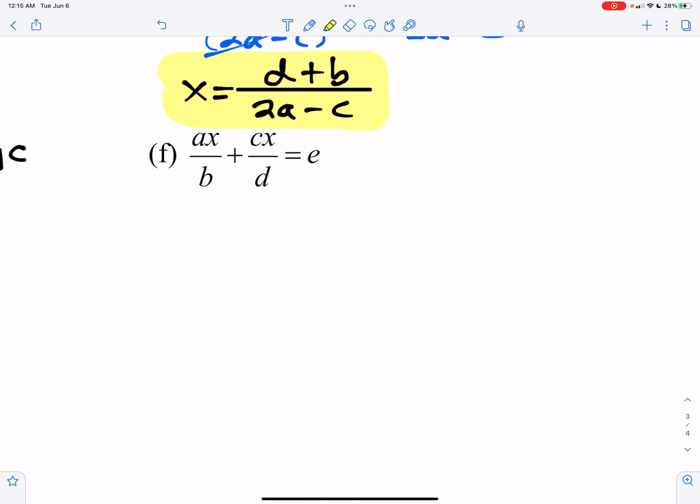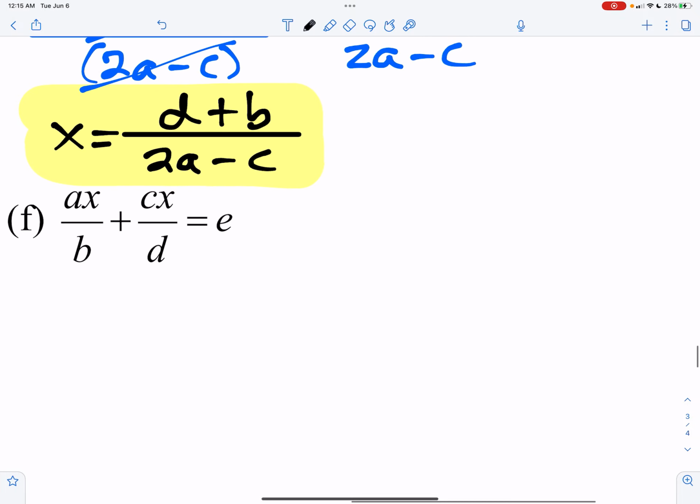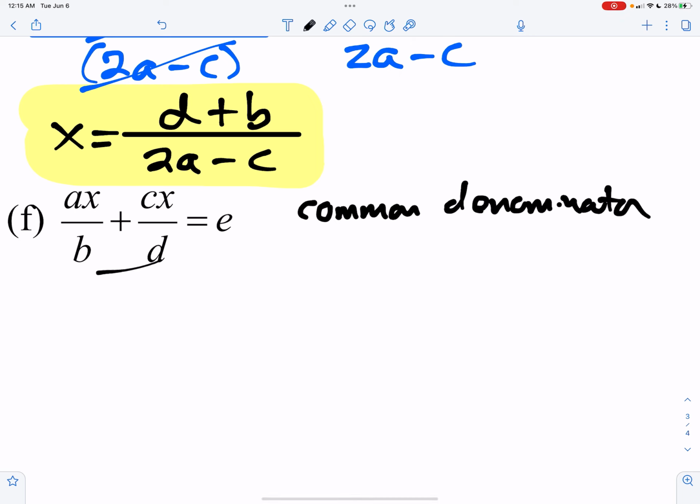Now, in our final problem here, we have two fractions. One of the best ways to get rid of a fraction is to multiply by a common denominator. The denominator is the bottom, right?